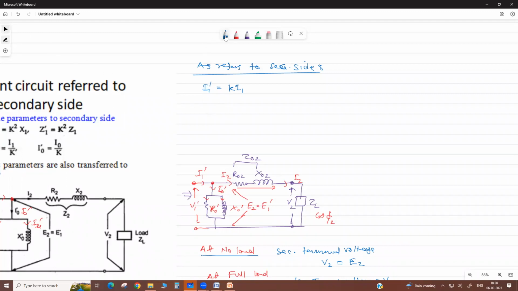So as referred to the secondary side, your current I2 dash equals K I2.